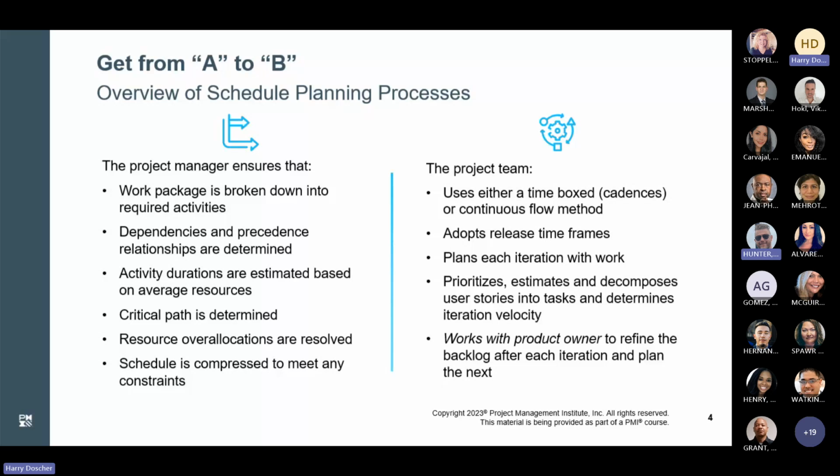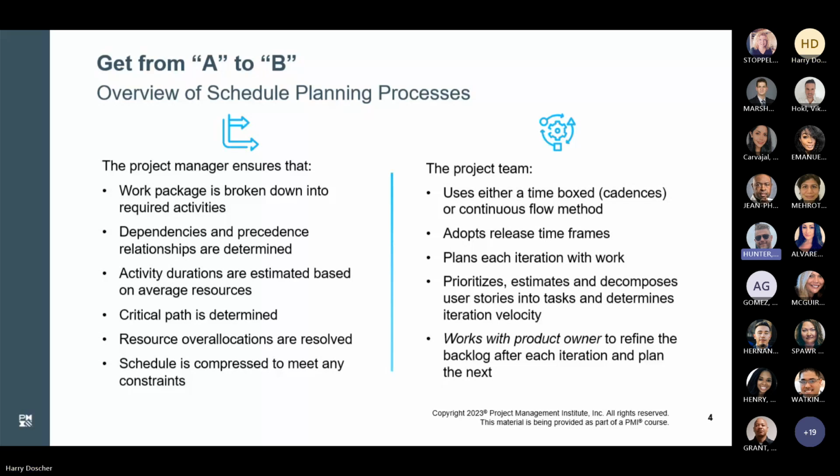So generally, if you're using Scrum, the product owner is going to prioritize the backlog so that the proper components are delivered in each of the iterations.